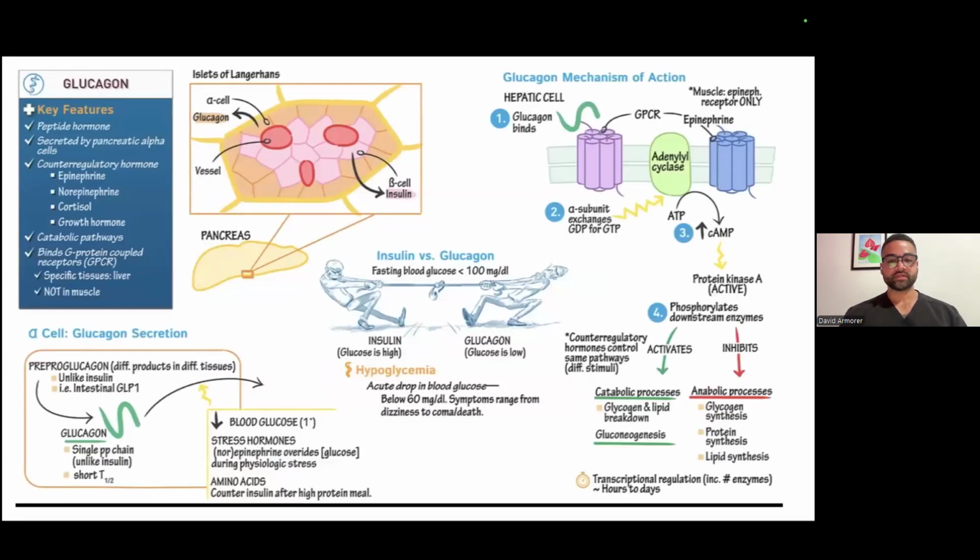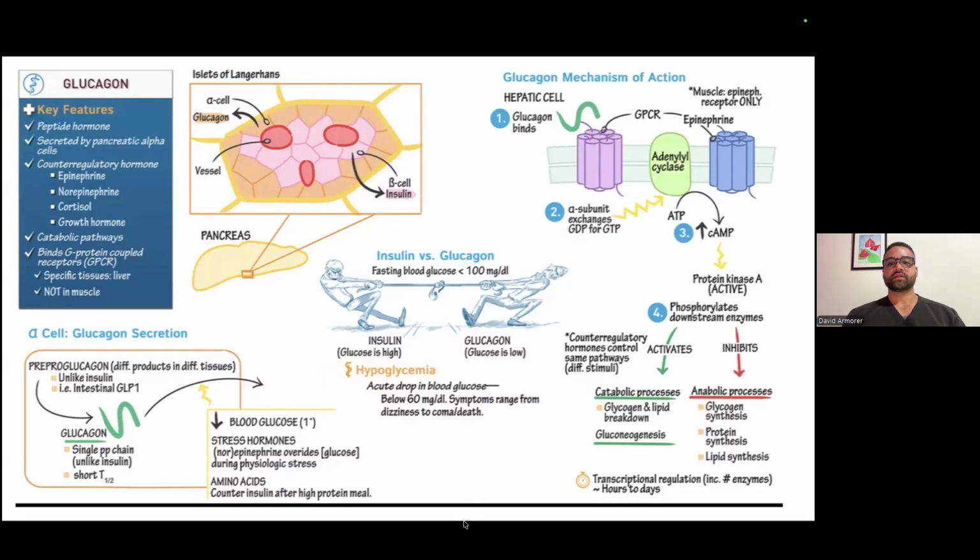A nice diagram will help understand the differences between insulin and glucagon. Basically, glucagon raises the glucose back up from a low level, and insulin drops the glucose from a high level.